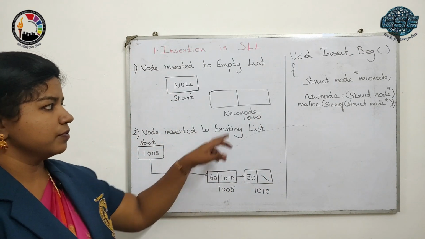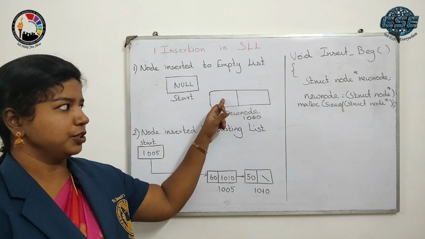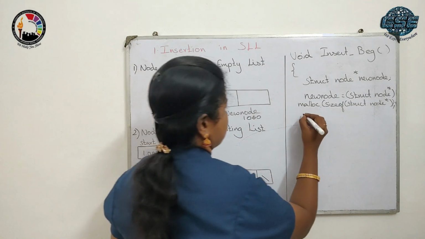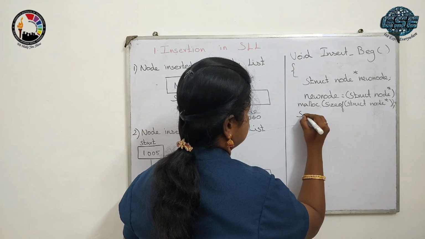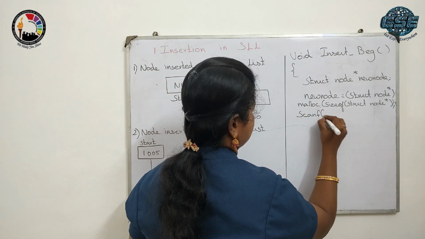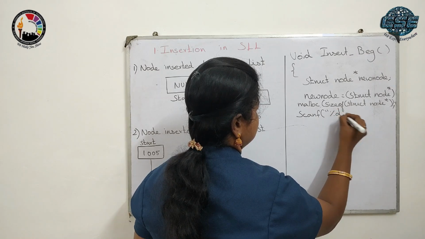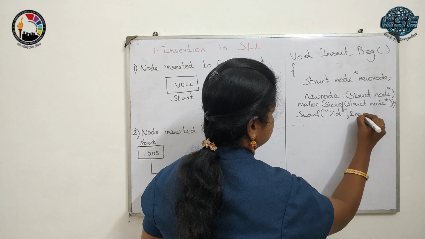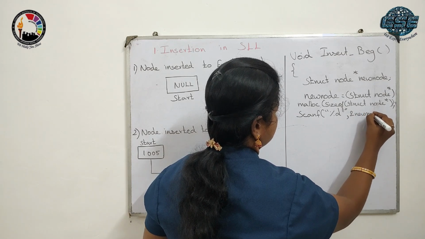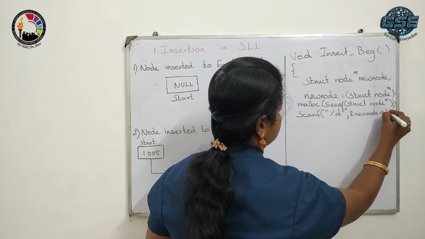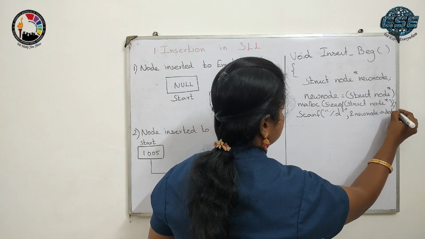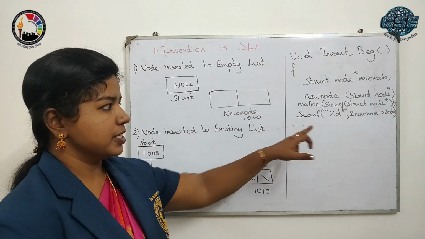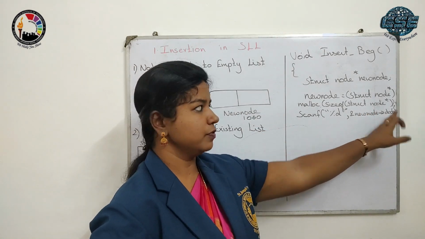The next thing is we have to get the data from the user, and the next part should be made null. So using the scanf statement, I am getting the value for the data. scanf %d ampersand new node of data.